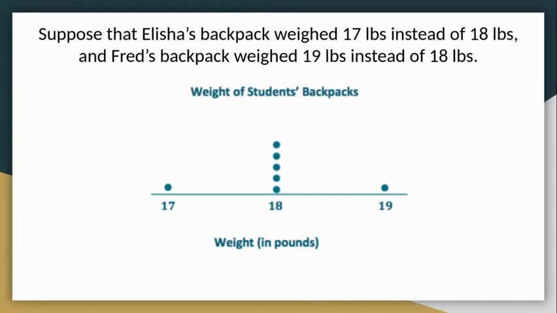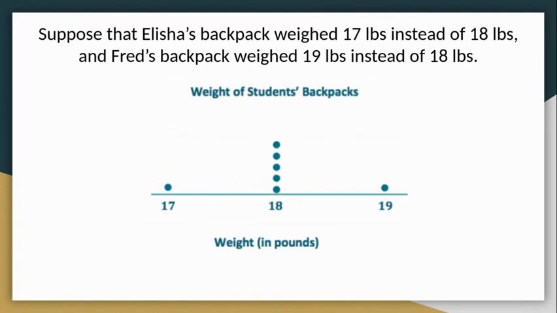Suppose that Alicia's backpack weighed 17 pounds instead of 18 pounds, and Fred's backpack weighed 19 pounds instead of 18 pounds. How does this impact the center, spread, and shape? The mean would return to 18 because the deviation of 17 and 18 are both 1, but in opposite directions.